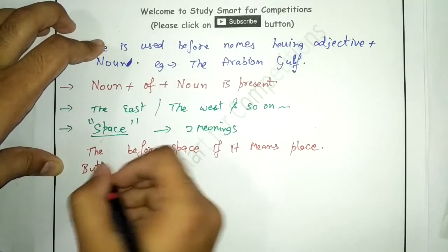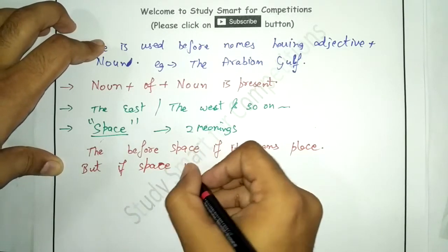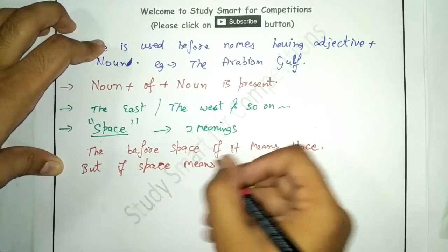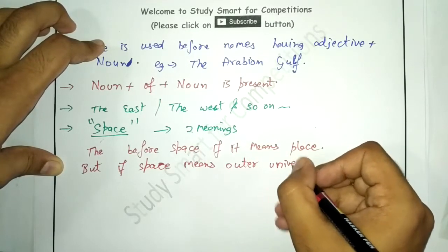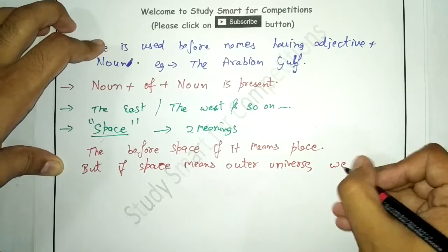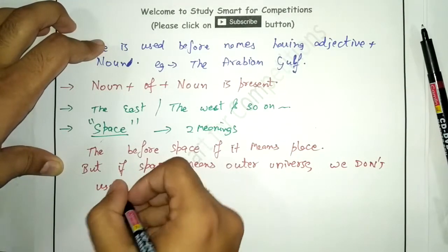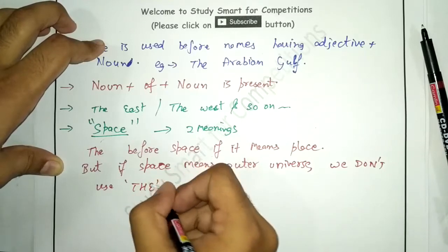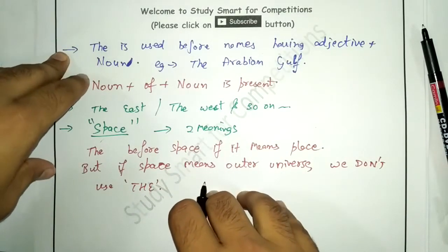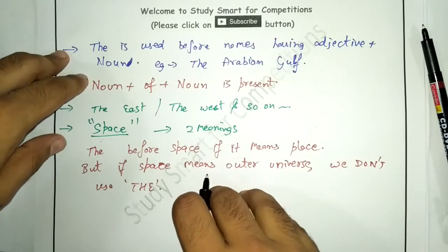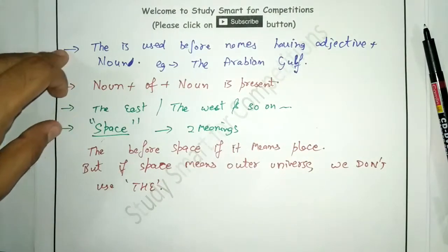But if space means outer universe, we don't use the article. So in that case we will just say there was a lack of stars in space. All right, that kind of thing.